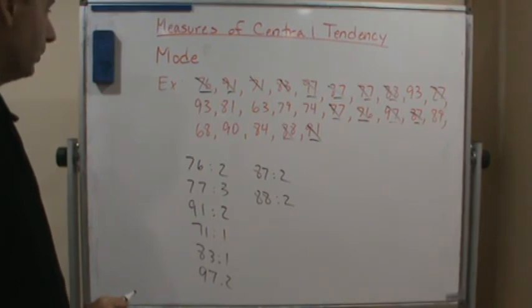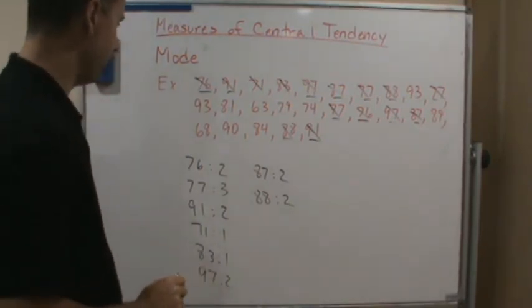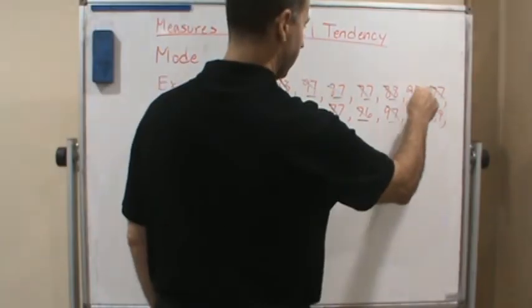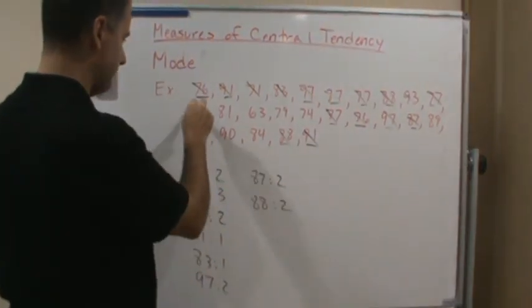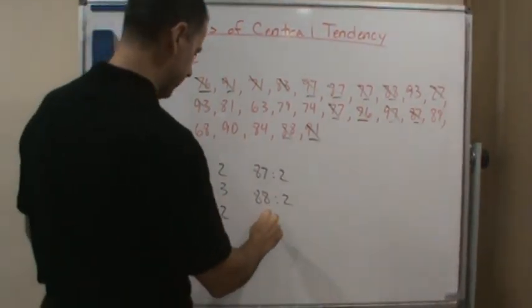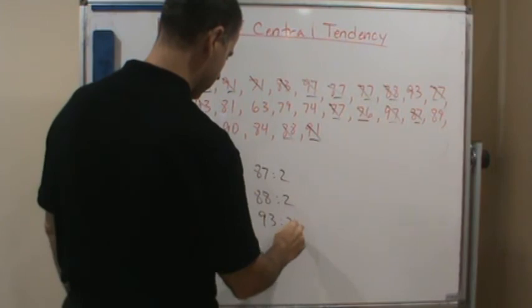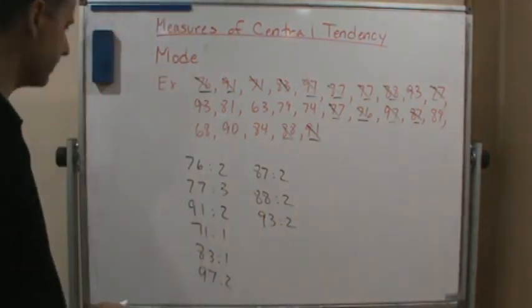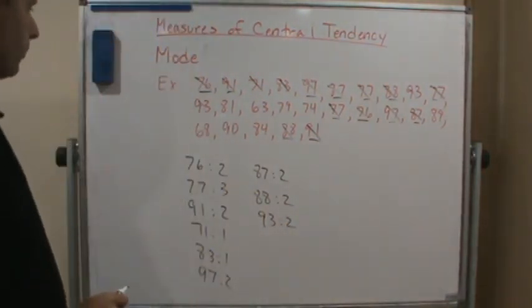And then 93, how many 93s do we have? It looks like we have 2 of those. So 93 and 93. So far, 77 is the mode.